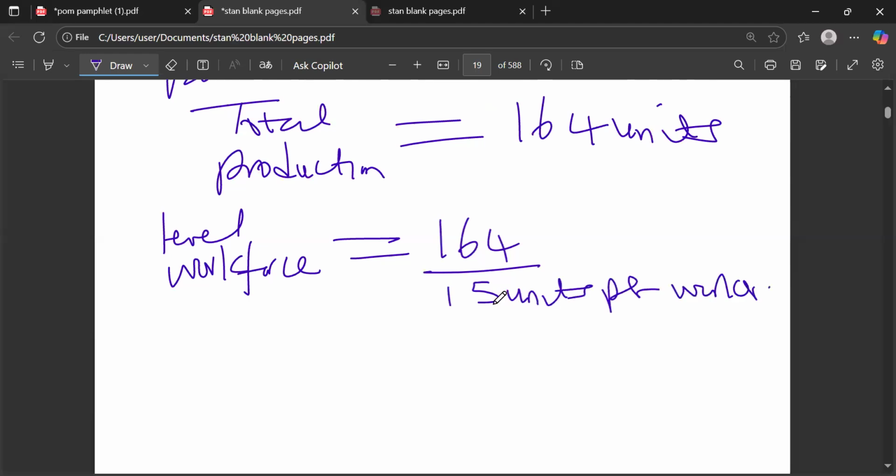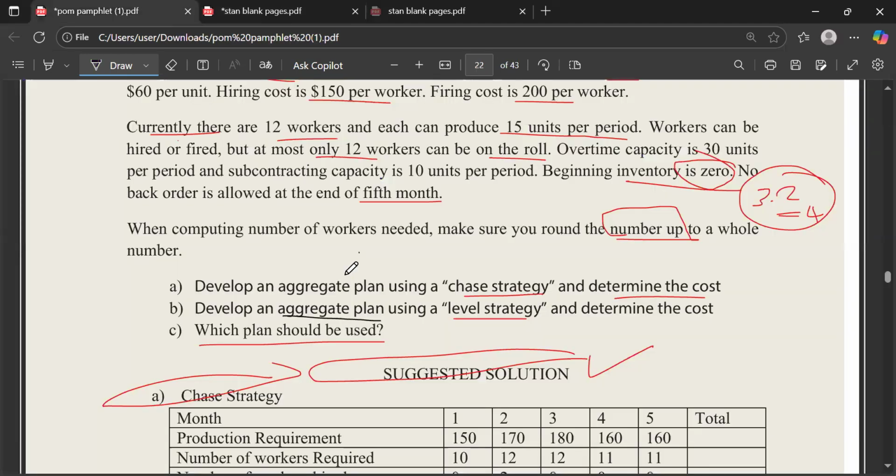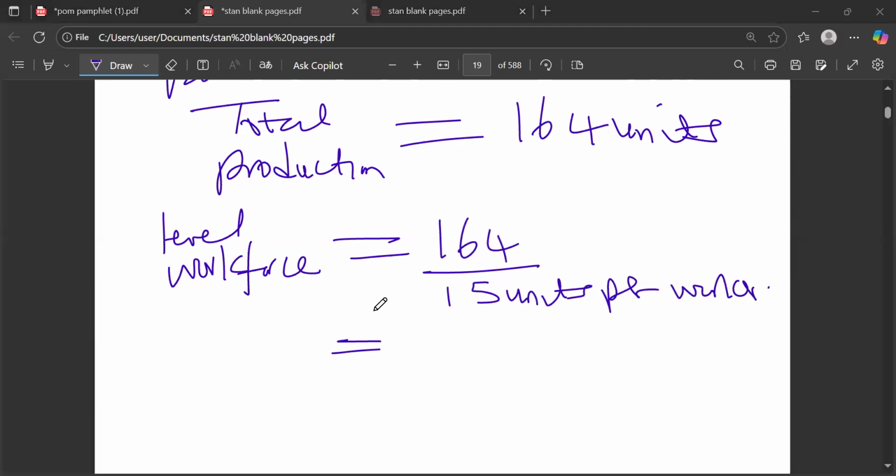Are we together? Do you know that one person is producing 15 units? You get my point, right? Yes. So as we divide, what are we getting? The actual number is 10.4.